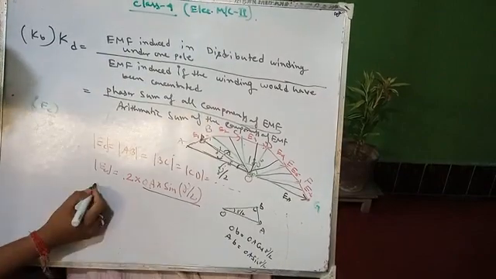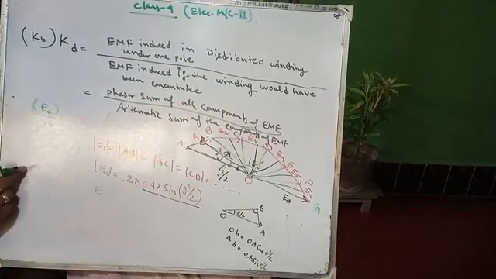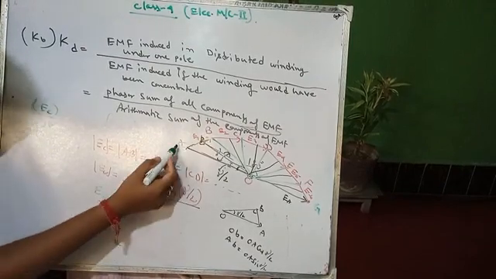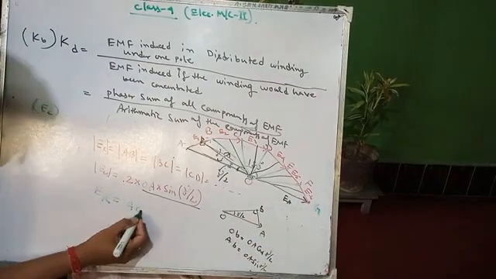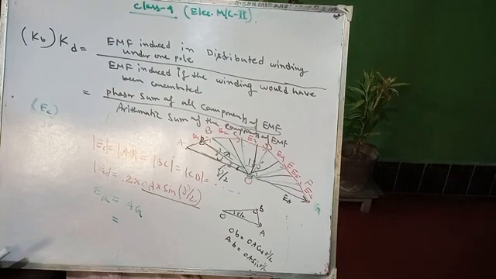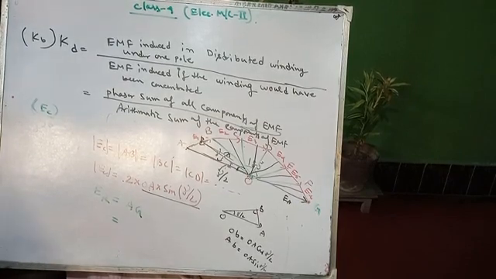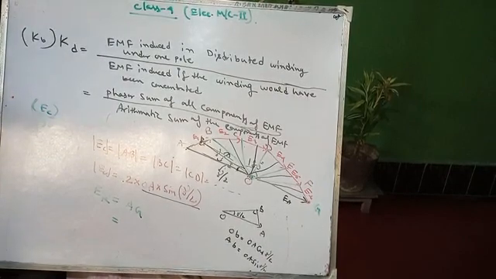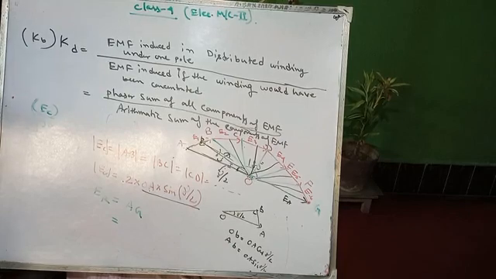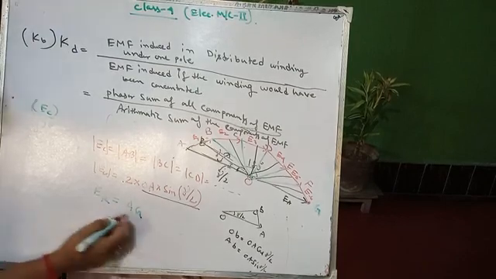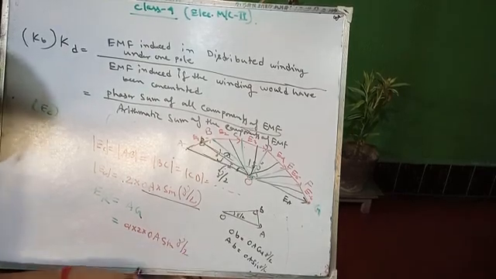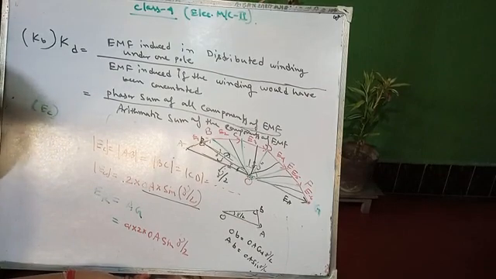Now the resultant sum of all EMF can be written as AG. Here we are taking it in degrees, but it is actually gamma into small q. So AG means q into 2 into OA sin gamma by 2.